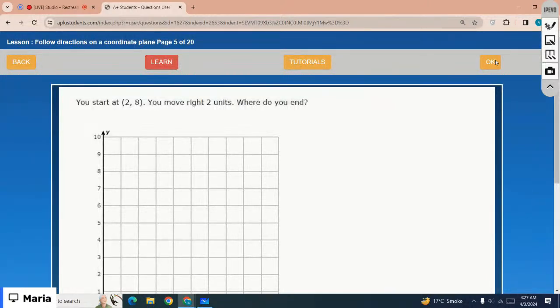You start at (2, 8). You moved right 2 units. Where do you end? Which is the correct option?